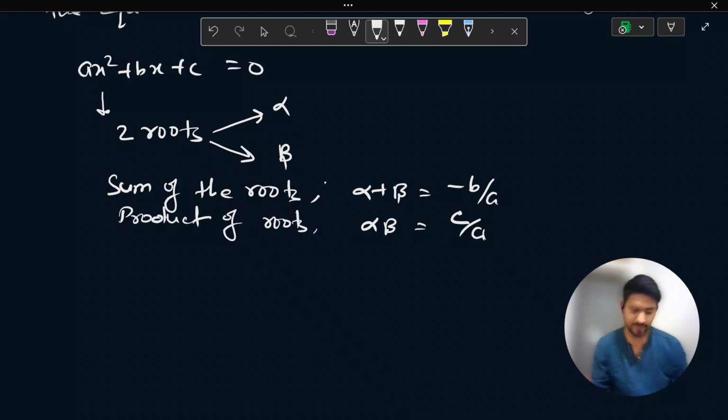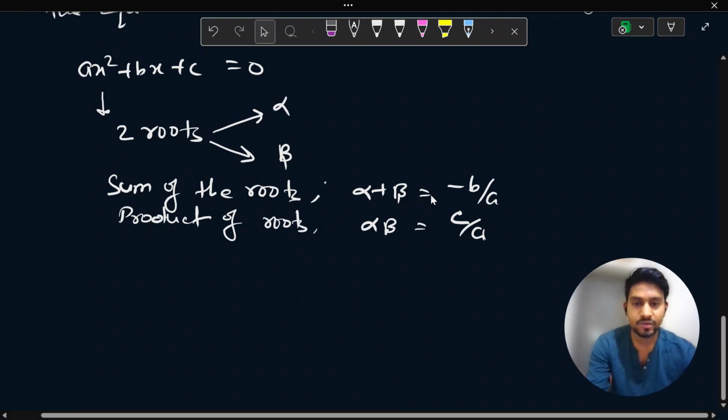These are very general, very standard results which we have to keep in mind every time whenever we will be solving problems. These results will be very helpful.